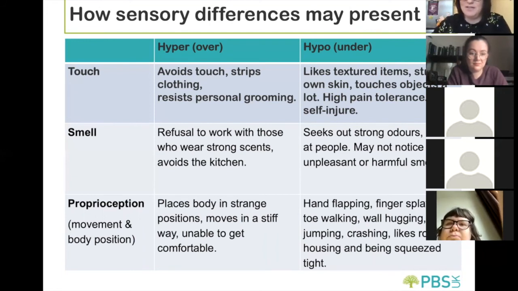Whereas if someone's undersensitive, you see things like hand flapping, finger splaying, toe walking, wall hugging, jumping, crashing, rough play, being squeezed tight. Similarities with touch and that need for stimulation, but it's more about movement in this example.